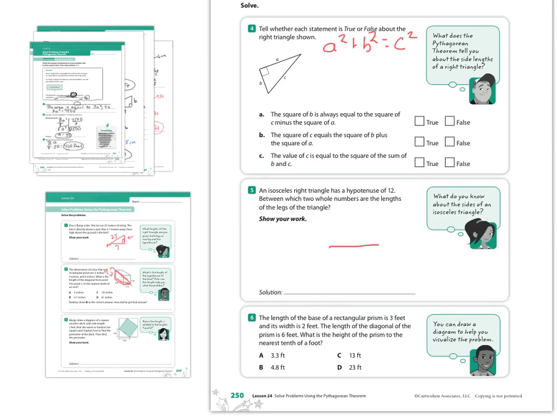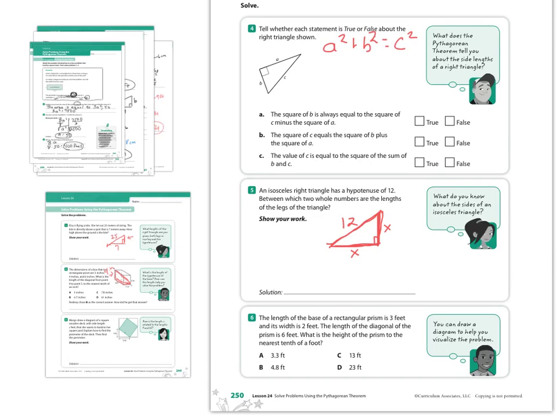An isosceles right triangle means this value and this value are the same, or A and B are the same numbers. It says it has a hypotenuse of 12. Use what you know to figure out the length, I should say the base and height, of that isosceles triangle.